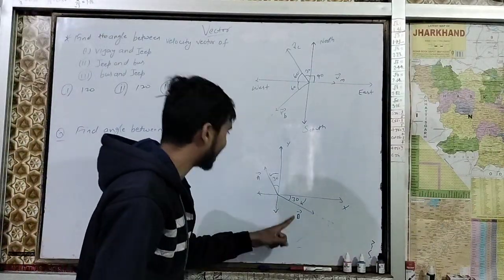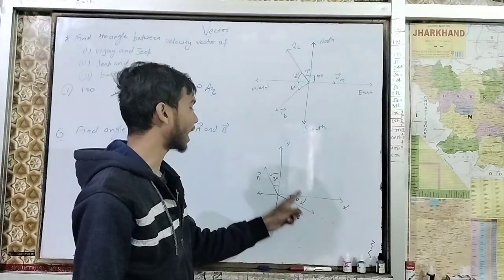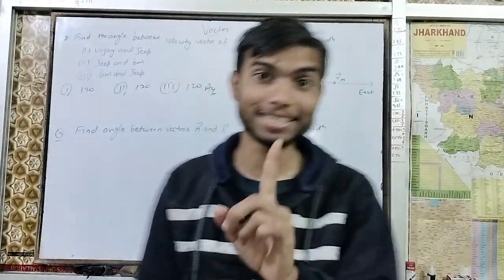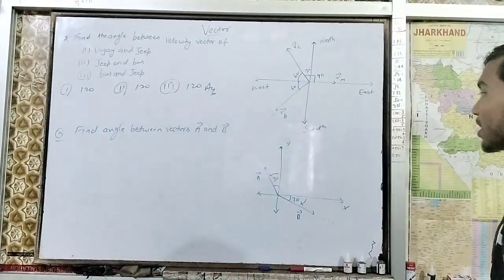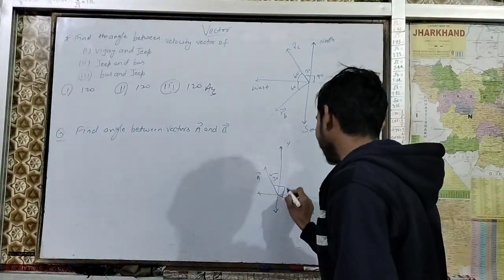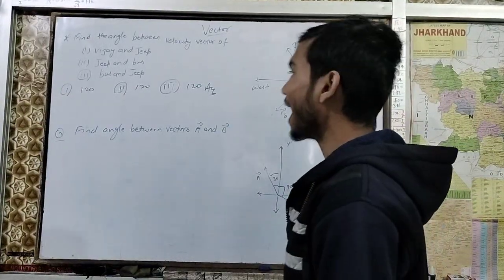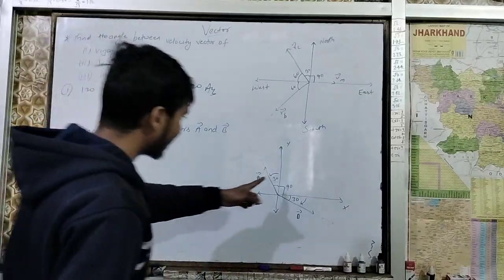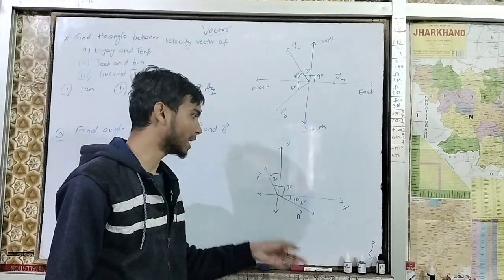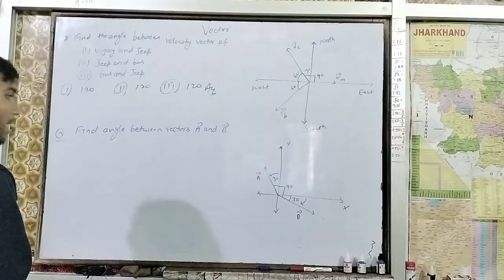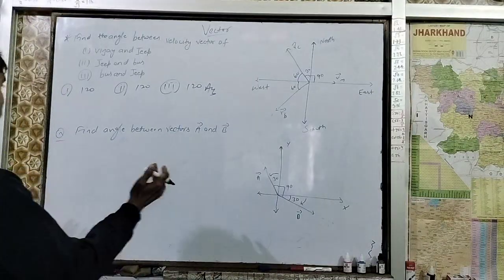This is over here and this is over here. The angle between X and Y is fixed, that is 90 degree. Now our work is to add 30 plus 30 with 90, which will be the complete angle between the A vector and B vector.